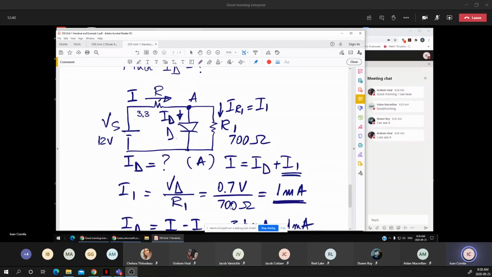Now, to simplify any complex circuit that has multiple resistors and multiple diodes, always look for a configuration that looks like that: a resistance or an equivalent resistance in series with one or multiple diodes connected in series.